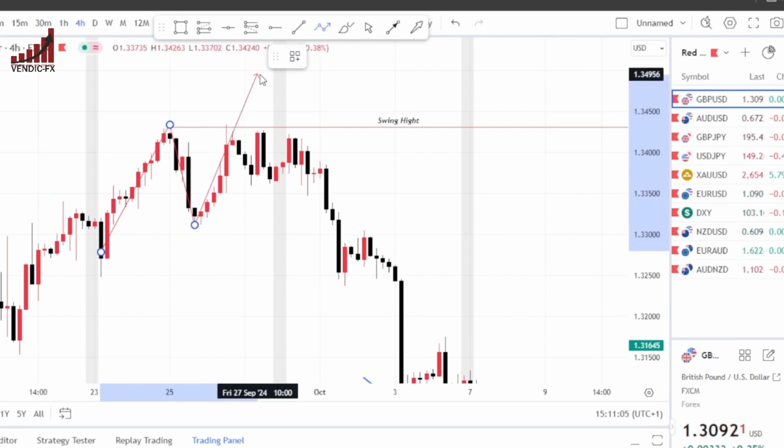The next pullback is supposed to be above the previous high to create a new range, but the market fails. It came back, created a lower low, trying to create a new higher high, but fails too, creating another lower low, and then we had a change of character.